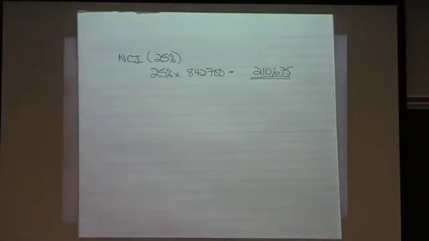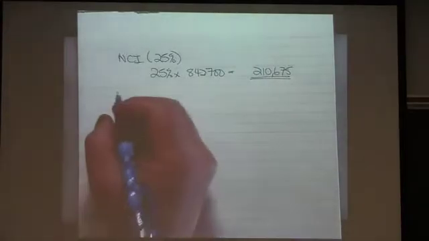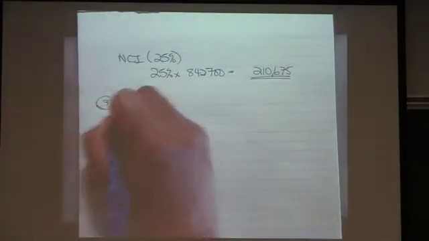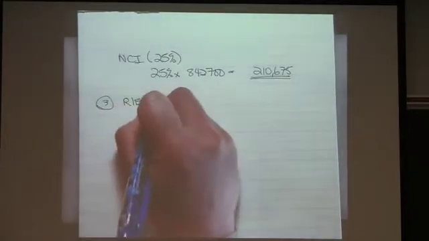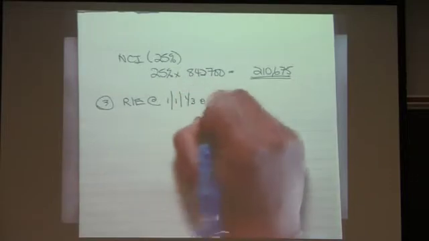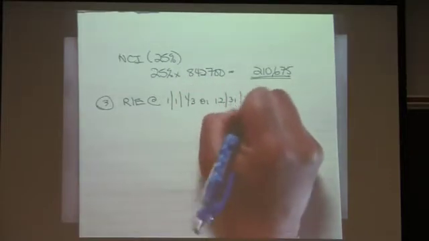Okay, so we just answered that. Now we're asked to calculate the retained earnings at the beginning of the year. So at the beginning of the year is 1/1 year 3 or 12/31 year 2.